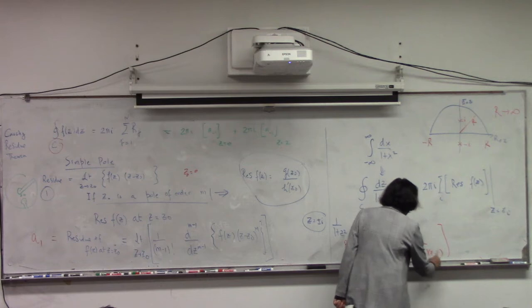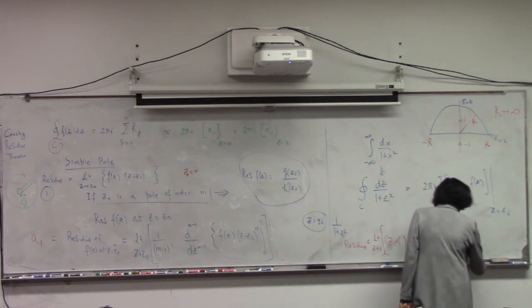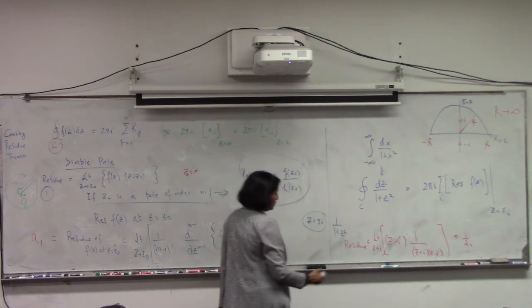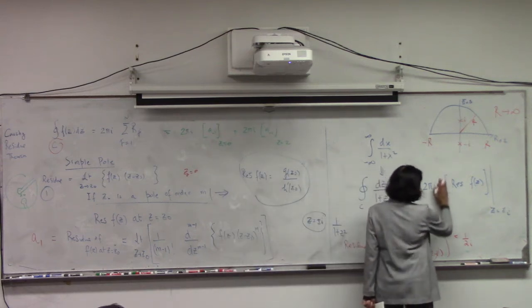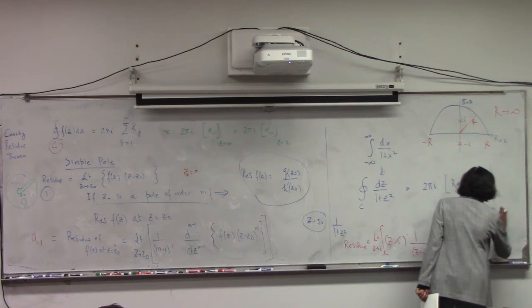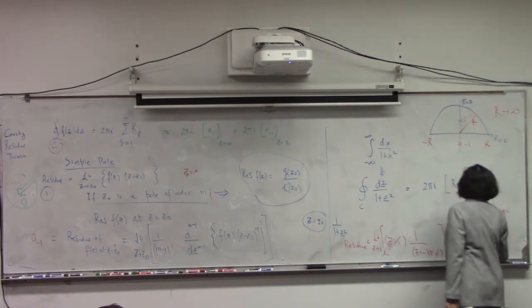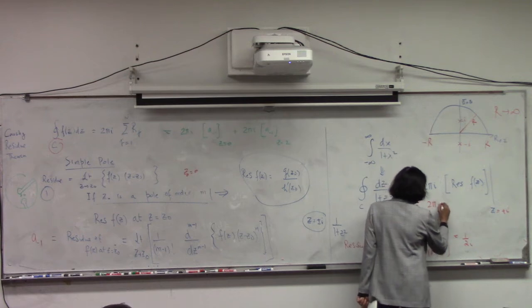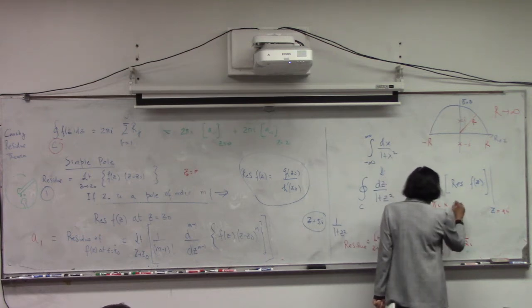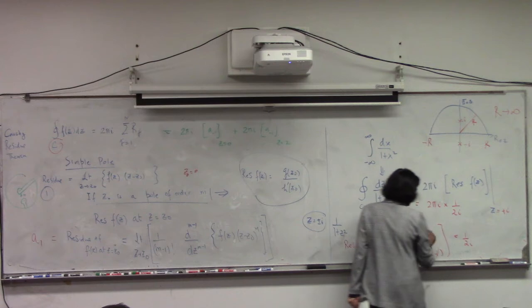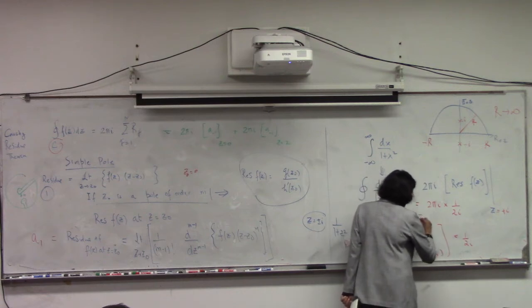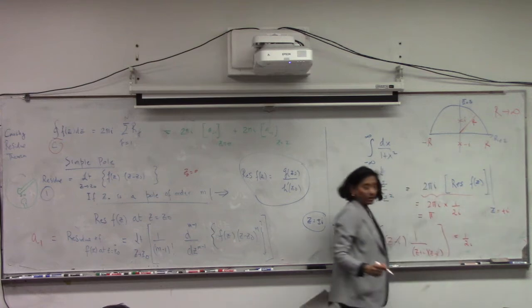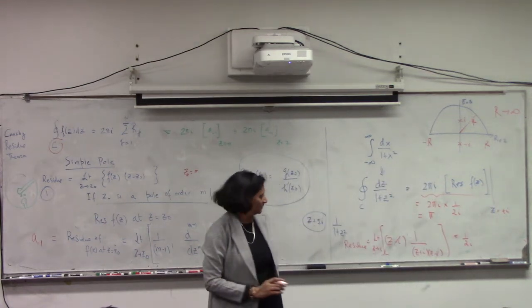Okay, so this is here, not there. So this is nothing but 1 over 2i. I'm not going to calculate all of them, only z equal to plus i. That's the only one I'm going to calculate. So my right hand side is nothing but 2 pi i times the residue of the function, which is 1 over 2i. So my right hand side is nothing but pi. The right hand side of your Cauchy residue theorem is just pi.